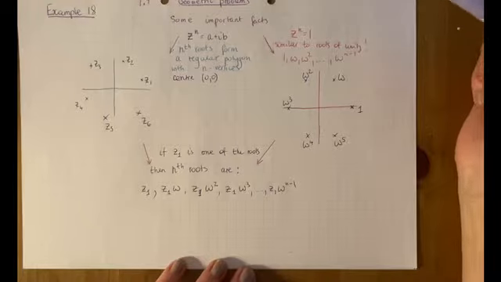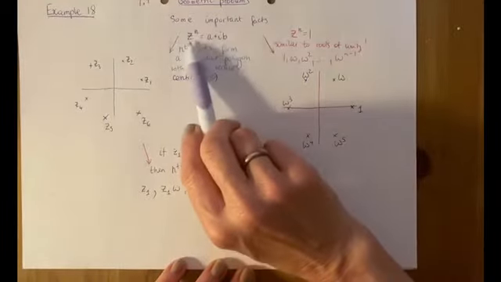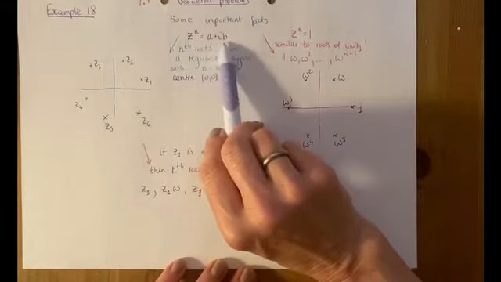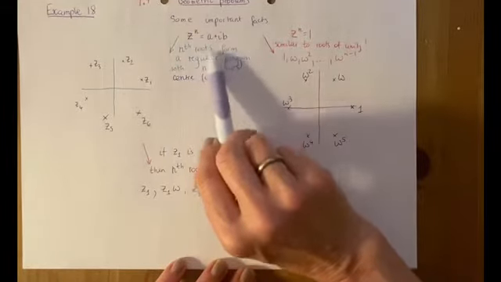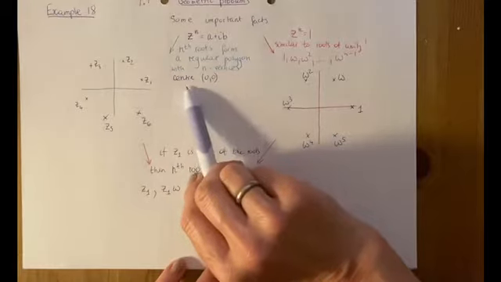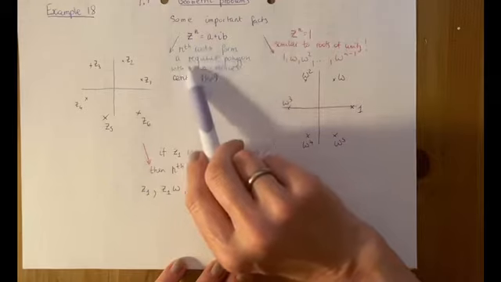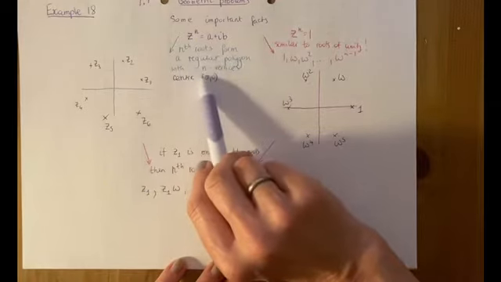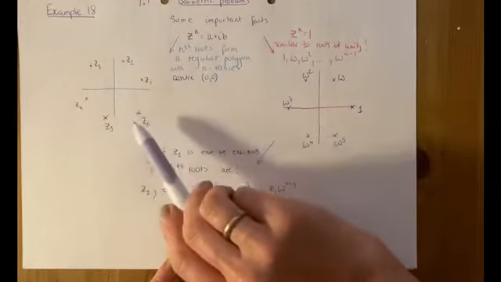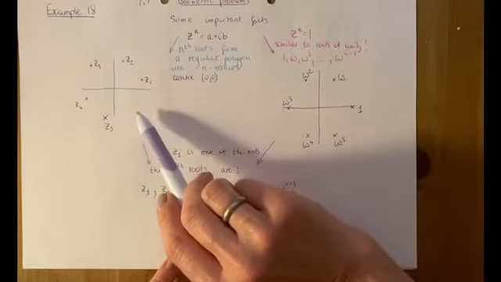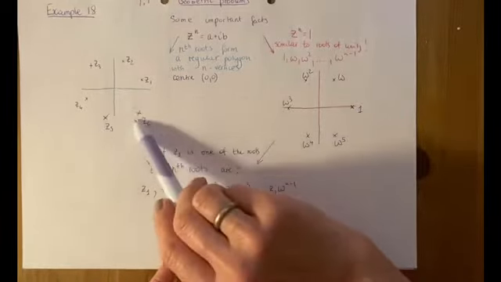If you are solving z to the power of n is equal to a complex number, so seeking nth roots of this complex number, you have n of those roots, and these roots will form a regular polygon centered at the origin with n vertices.